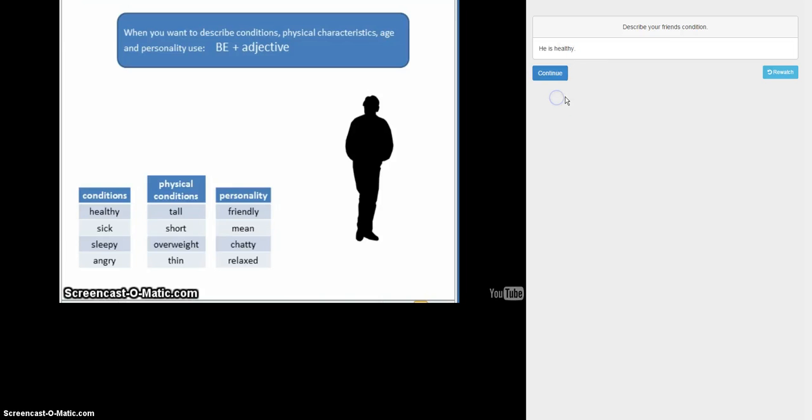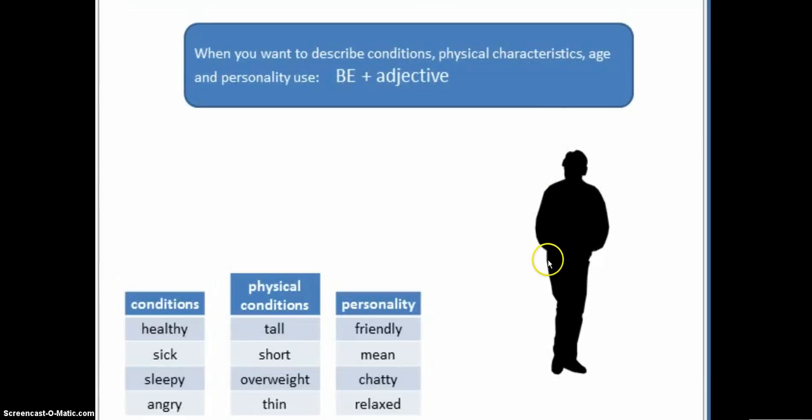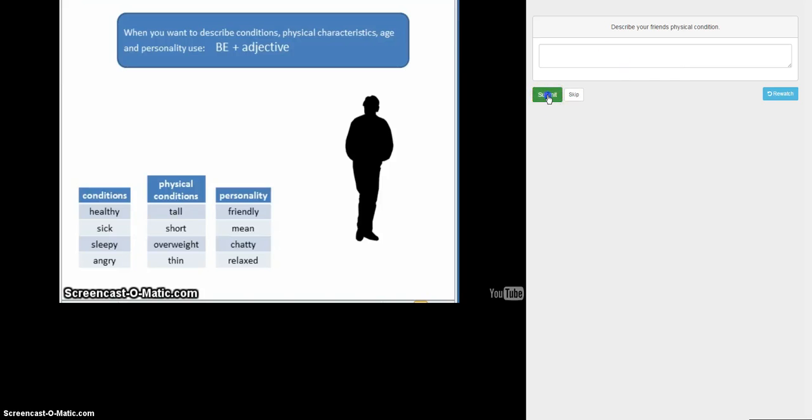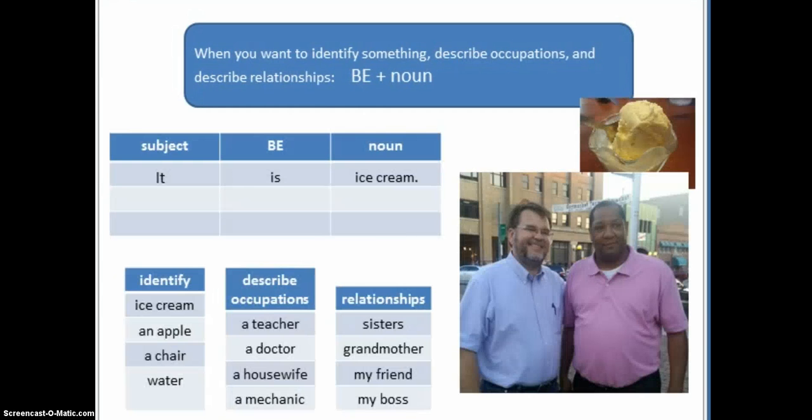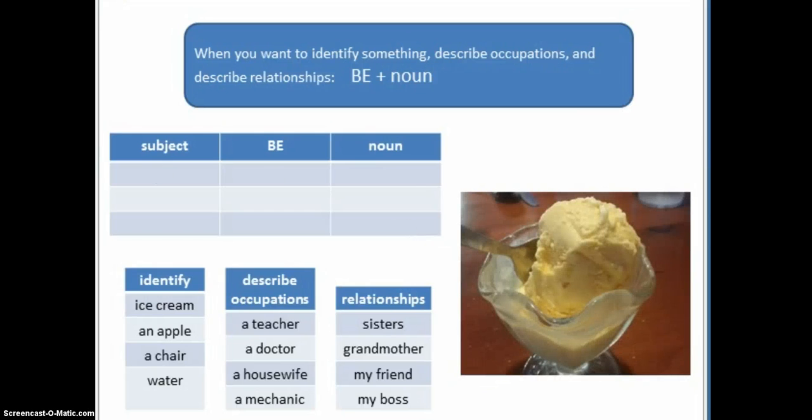And then they go on, and it would say, continue, and then it would say your friend's physical condition. And I'm just going to tell it to go on for the sake of time, and then their personality. Just type something in there to go on. And then we continue on, and I demonstrate using the be verb to describe occupations.